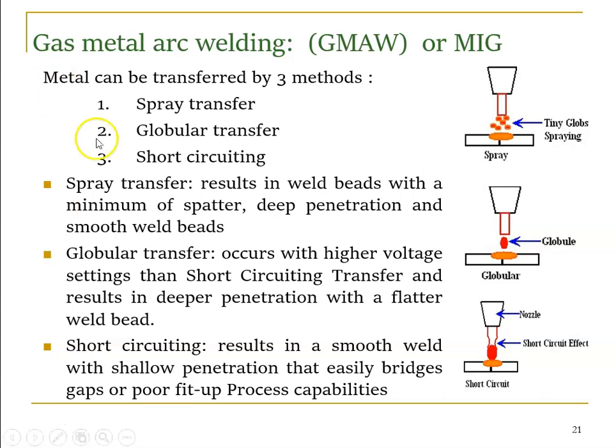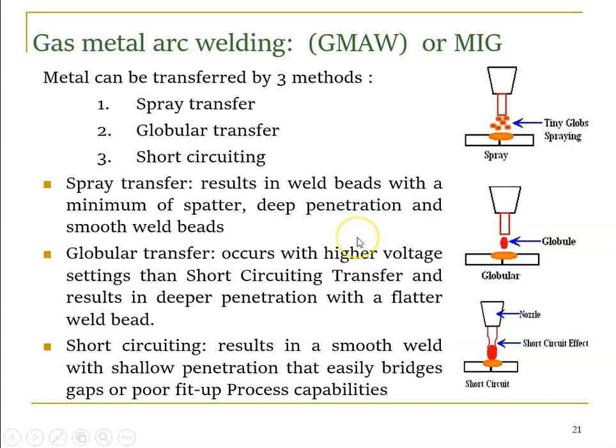Spray transfer results in weld beads with minimum spatter, deep penetration and a smooth weld bead. This image shows spray transfer, where the metal is deposited as a spray. The three transfers are based on the voltage setting.